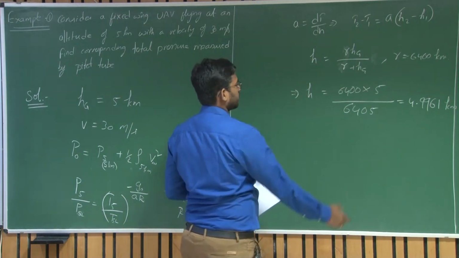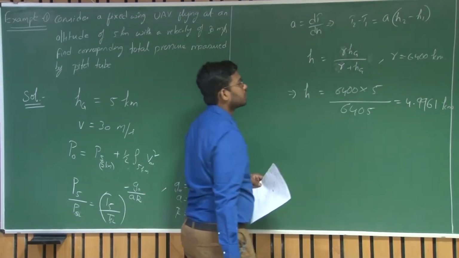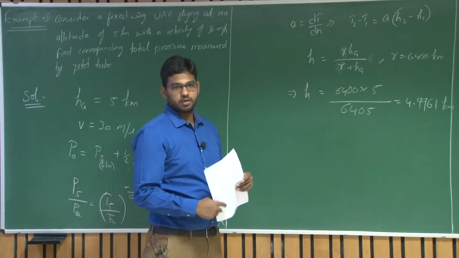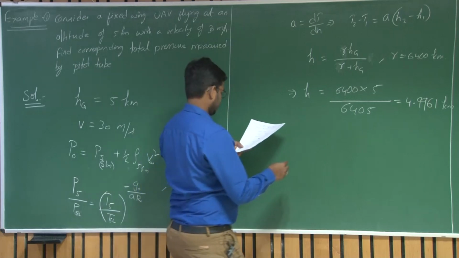See, the difference is very, very small. At lower altitudes, the geopotential and geometric altitudes are almost the same.